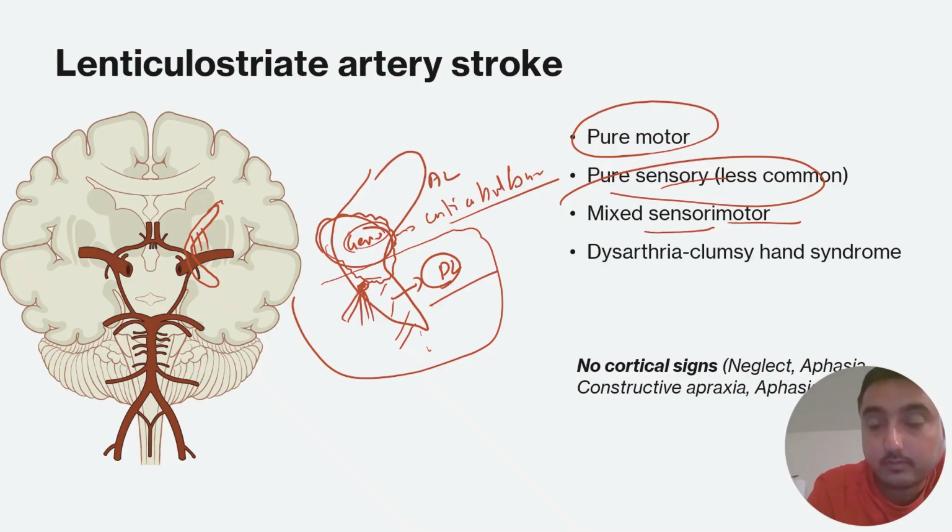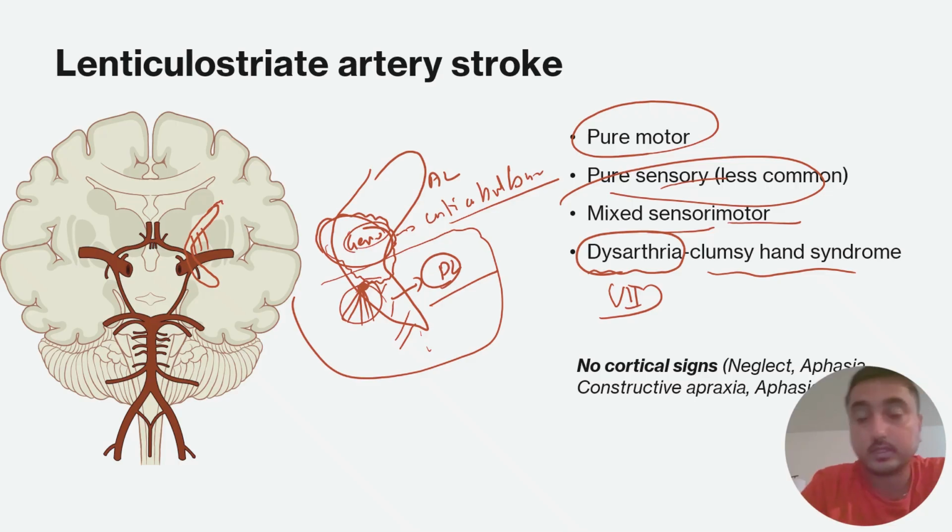So that would give rise to dysarthria because of the facial nerve involvement, and clumsy hand because of the involvement of the corticospinal fibers or the motor fibers. So these four can be the manifestations of the lenticulostriate artery stroke.